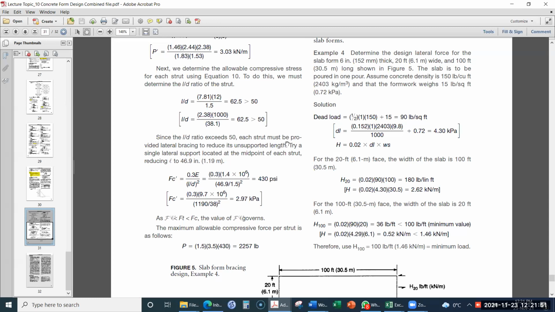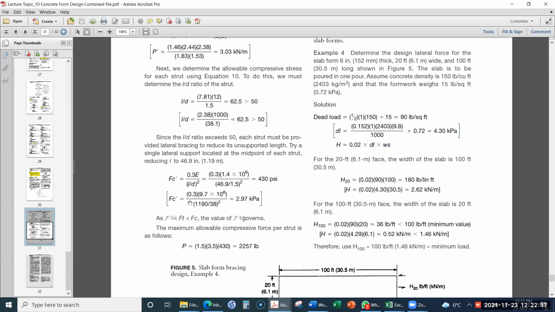Therefore, each strut must be provided lateral bracing to reduce its unsupported length. So try a single lateral support located at the midpoint of each strut, reducing L to about 1.19 meter. After we have provided this support, we will check the FC prime.